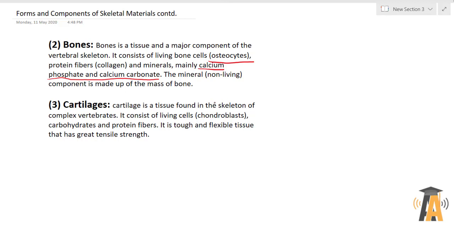A bone usually consists of a hard outer layer, that's the shaft, and a spongy or hollow cavity filled with bone marrow. Examples of organisms which have bones are mainly vertebrates.